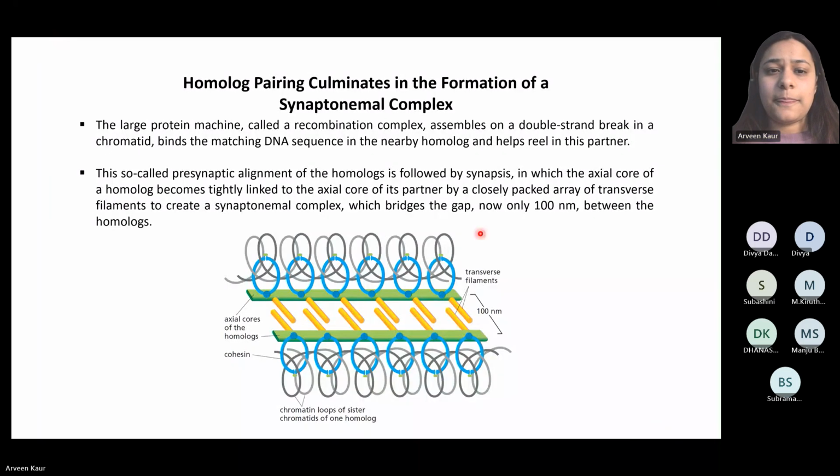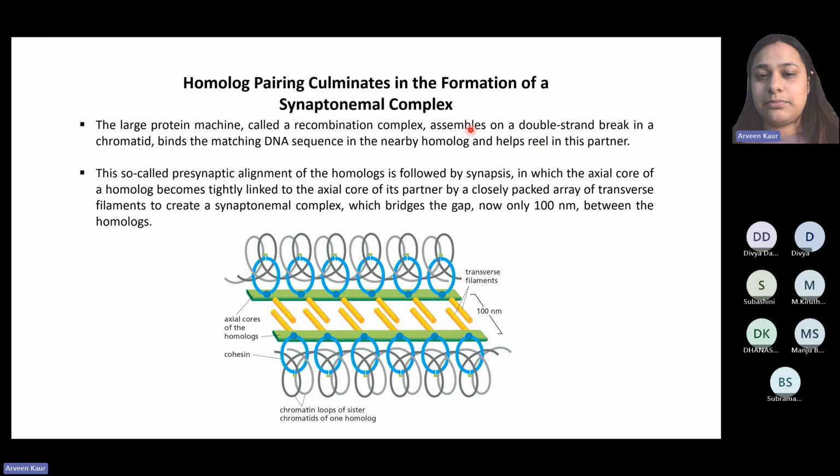Homologous pairing also culminates in the formation of a synaptonemal complex. So what is a synaptonemal complex? We will talk about it. A large protein machine called a recombination complex assembles on the double-strand break.